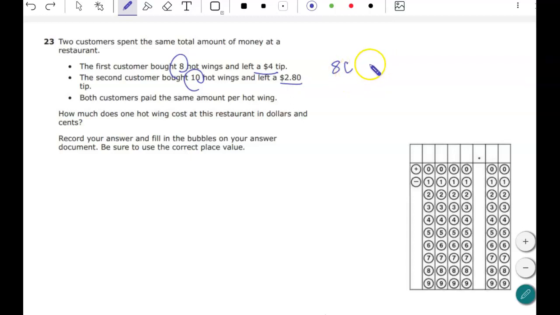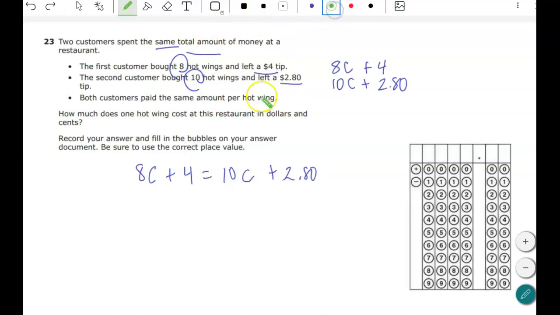So we can use C or whatever variable, but we'll say C is the cost per each hot wing. So 8 times C plus the first customer left a $4 tip. The second customer got 10 hot wings and left a $2.80 tip. So it says that they spent the same amount of money. So you set up an equation where those two are equal. And we have to get the variables on the same side.